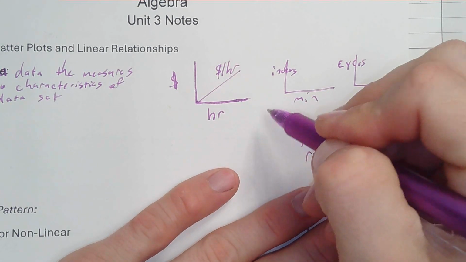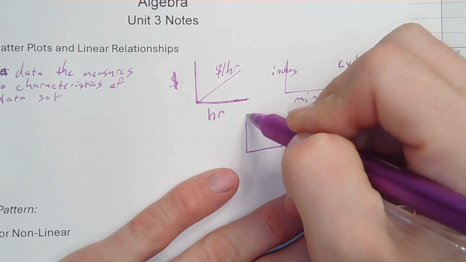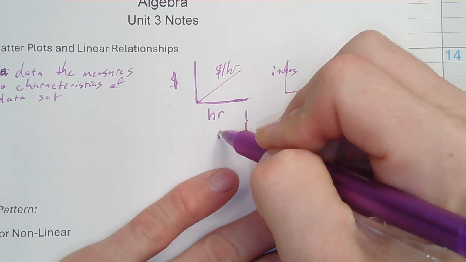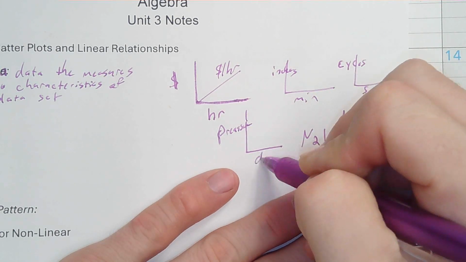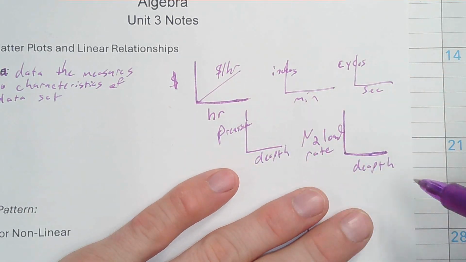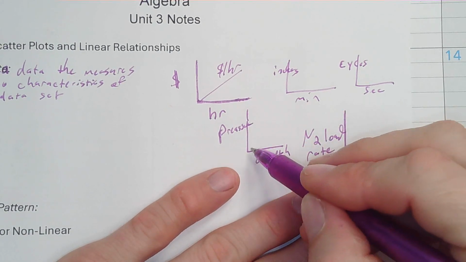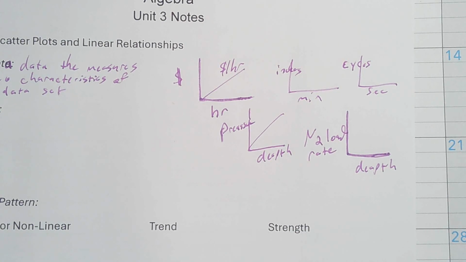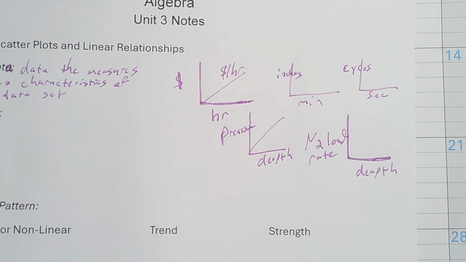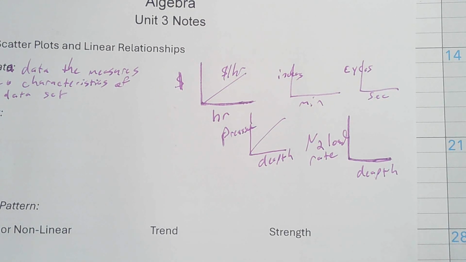Or you could have a pressure depth relationship. That's Boyle's law right there. It's linear. All right. So that's a lot of different linear relationship things, right? But sometimes it's not a perfect relationship.